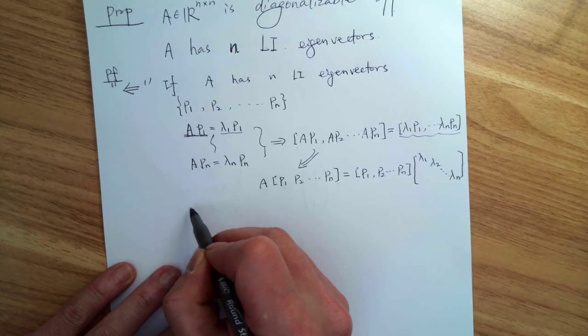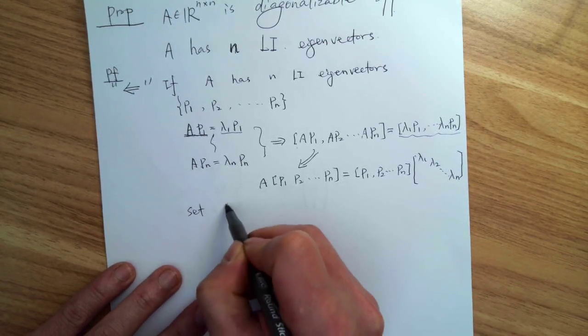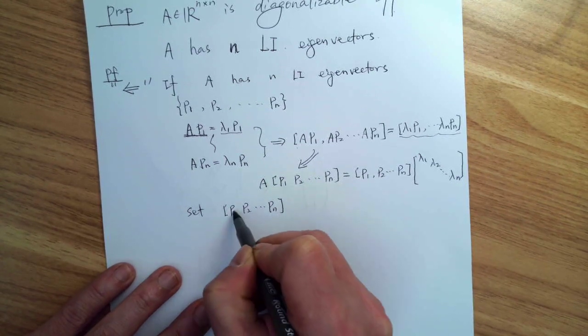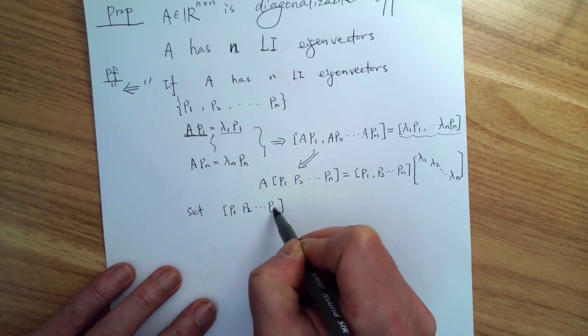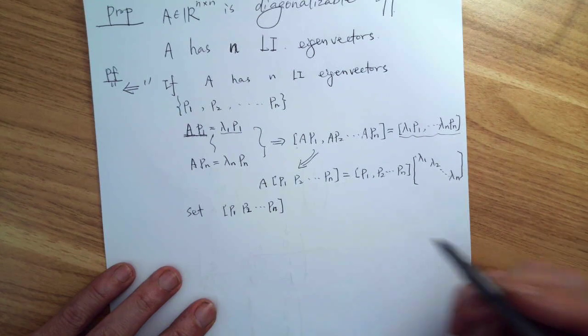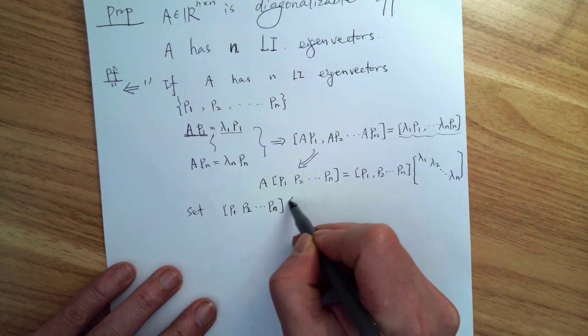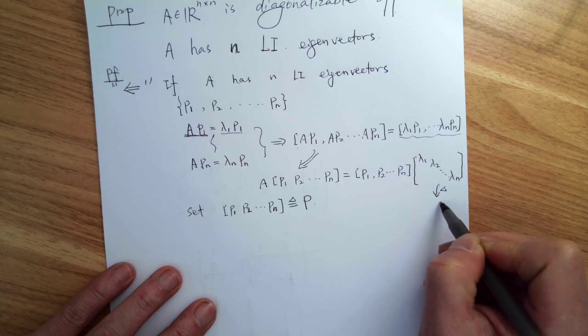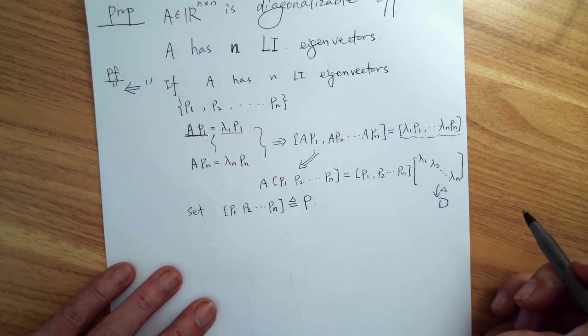Now we denote p1, p2, up to pn, because p1 is a column vector, p2 is a column vector, and pn is another column vector, so it's an n by n matrix, we call this P. And we call this matrix D, the diagonal matrix.